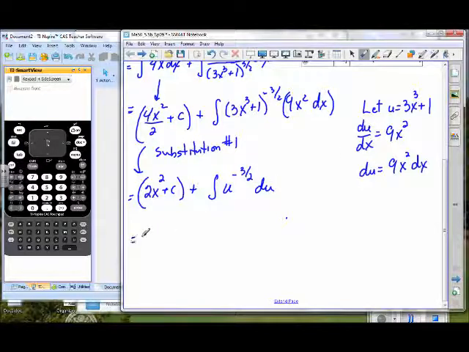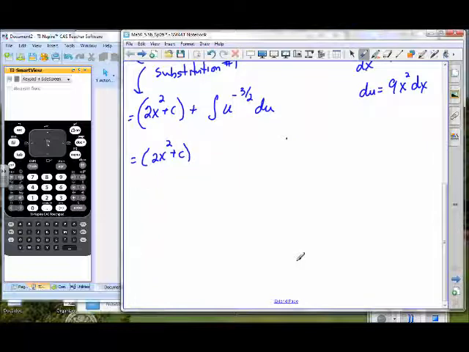Now we can work this problem, again bringing down the first antiderivative because it is done. The second one, I'm going to write this out just as a reminder that we are adding 1 to the exponent and then dividing by the new exponent, plus c.